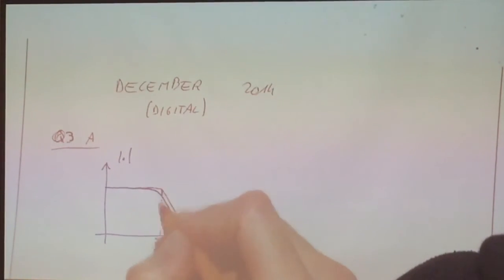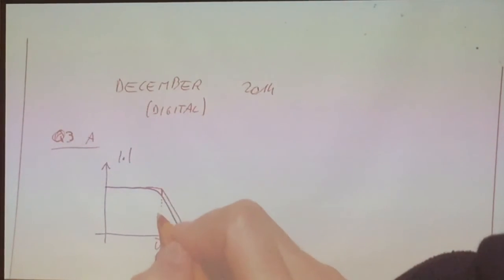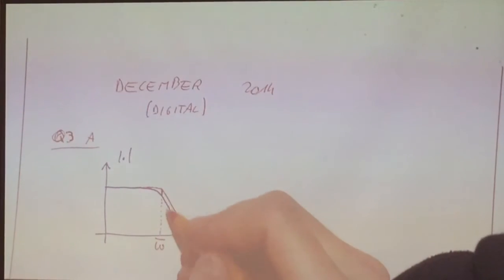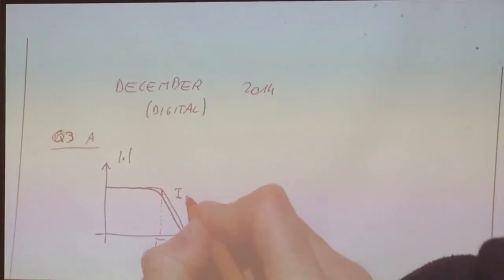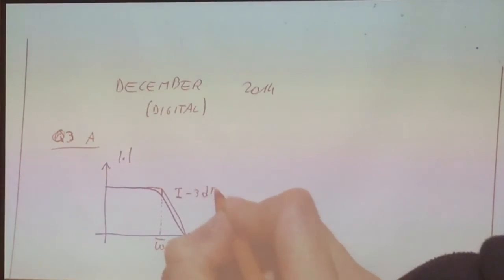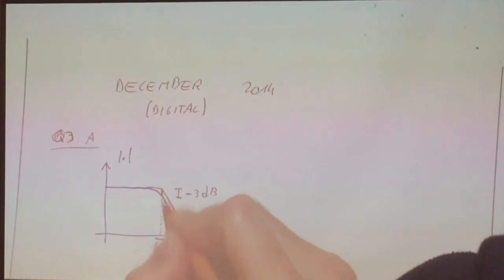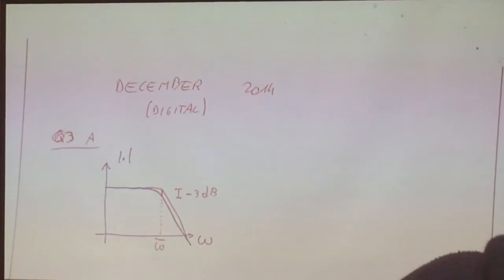So the definition of the cutoff frequency is the frequency at which the gain is minus 3 dB. So, this bit is minus 3 dB. So, the gain has decreased by 3 dB with respect to the steady state gain.